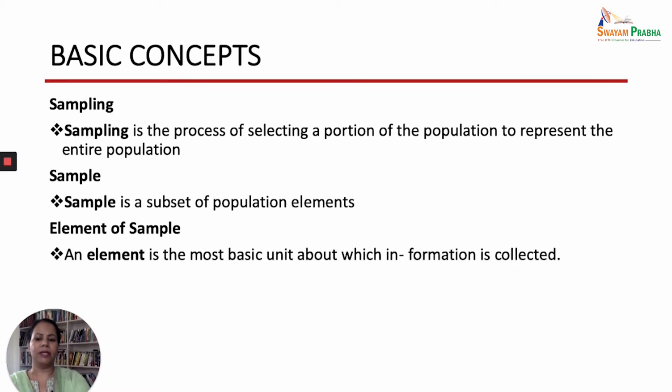So what is the element? Element is the most basic unit about which information is collected. So what is the basic unit? Is it a human subject? Is it a hospital? Is it a city, or is it a school? So that can be the basic unit about which you will be collecting the information in your research study.